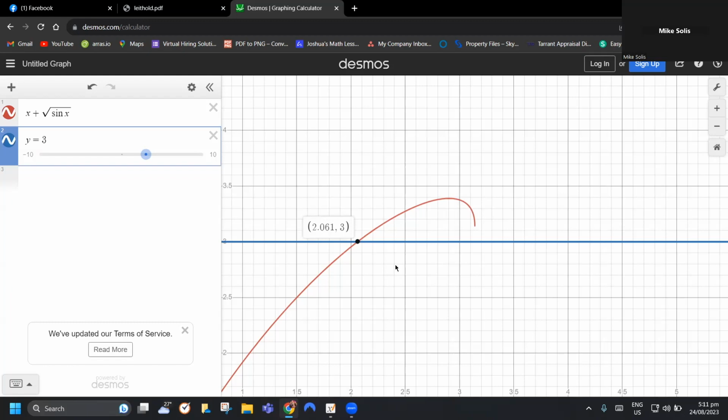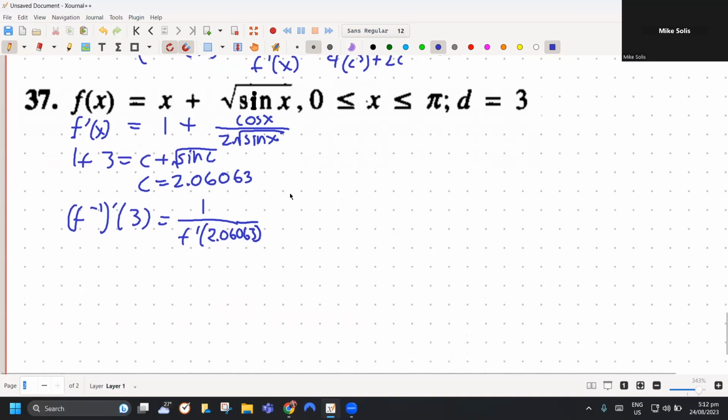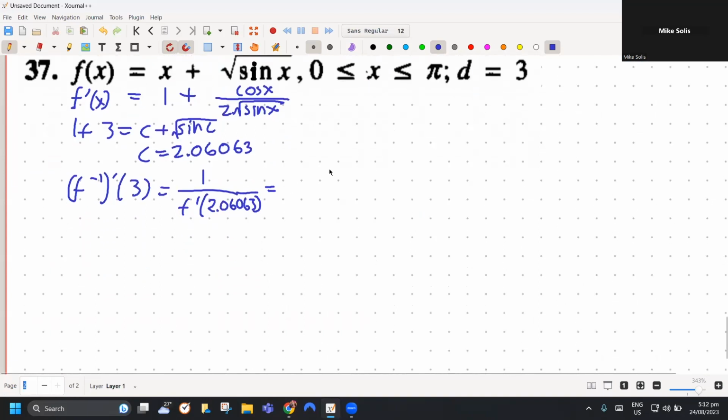So, kuha natin ngayon ang derivative of the inverse prime of 3. Ang pangit niya, 2.061.